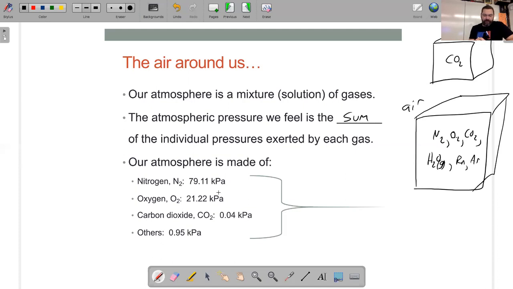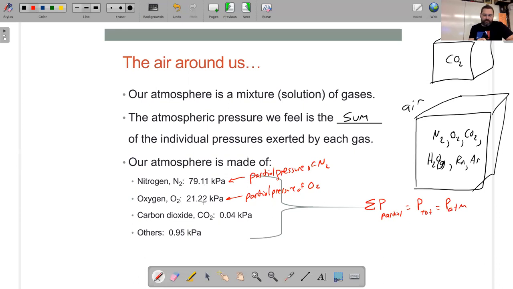So here, these are the different, what we call partial pressures. This is the partial pressure of nitrogen. And this is the partial pressure of oxygen. When you add all those up, the sum of all those pressures, the Greek letter uppercase sigma meaning the sum of the individual partial pressures, is equal to the total pressure or the atmospheric pressure.